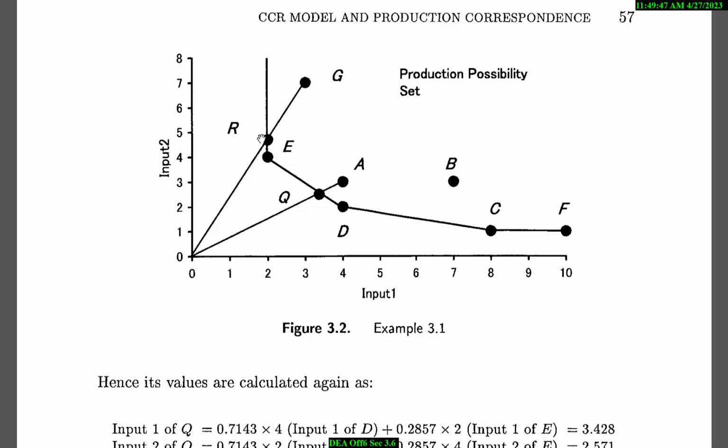That is the same as if we divide the distance of the origin to R by the distance of the origin to G.